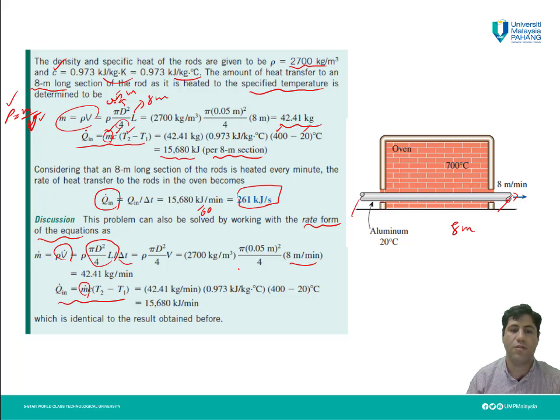We just substitute it here, and we will find m dot as the rate form of the mass, or mass flow rate. Then Q dot in can also be calculated by this m dot. The result is the same as before, and Q dot in will be 5,680 kilojoules per minute, or 261 kilojoules per second. Same result if we use this method as well.